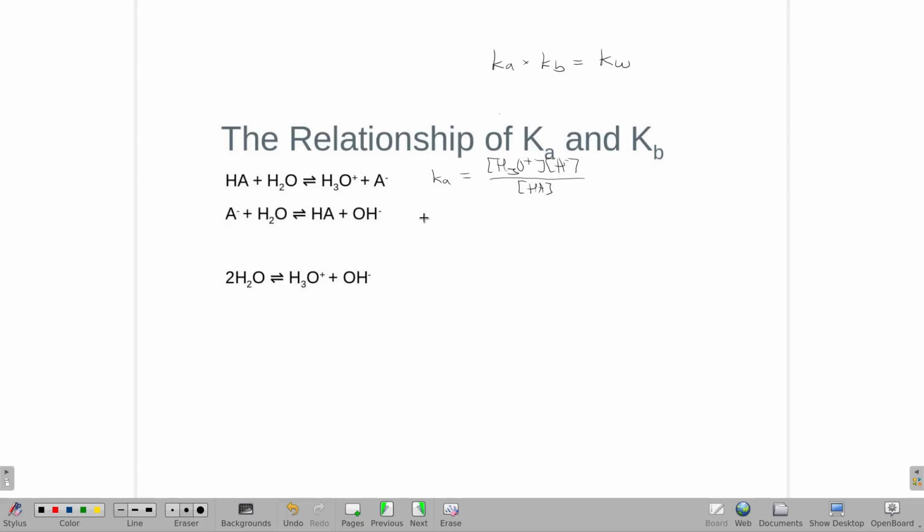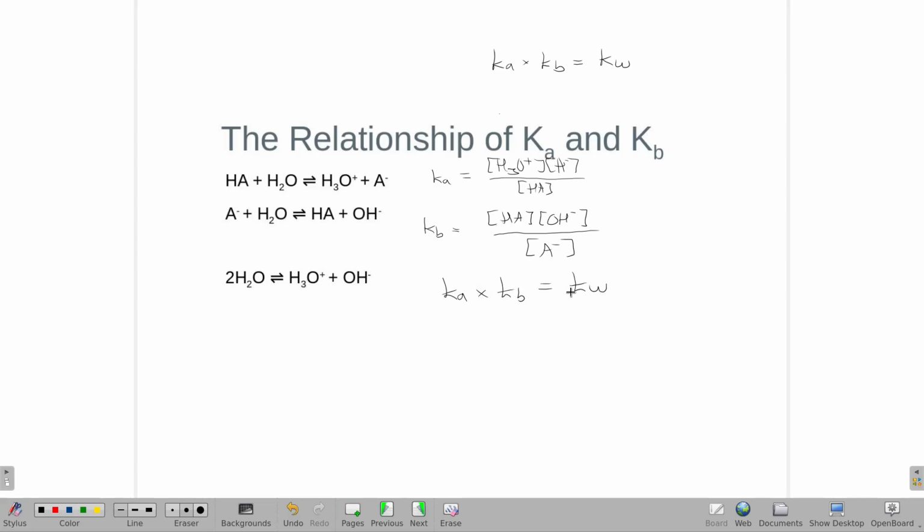We did that so we could actually get an equation that has the same two components in there, as in the HA and the A minus in both equations. Because look at this. If I were to multiply Ka times Kb, the H3O and OH would be in there, but the HAs would cancel and the A minus would cancel. That's what Kw is. So it turns out Ka times Kb definitely equals Kw.